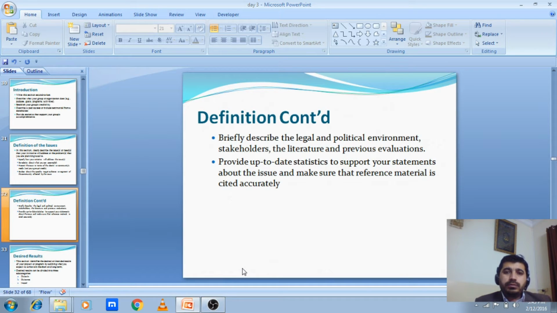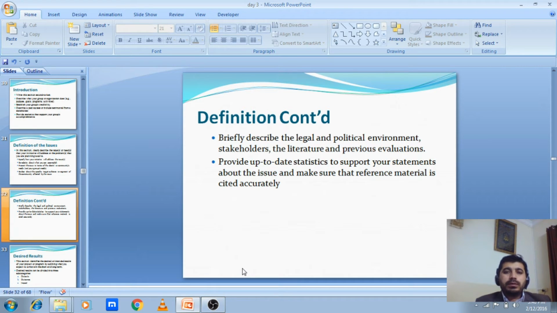While doing so, you also need to briefly describe what the legal and political environment is like. What are the stakeholders? If you have any literature available around the topic, put that literature here. And if you have any previous reports and evaluation reports available, you can also quote some of them in this area.